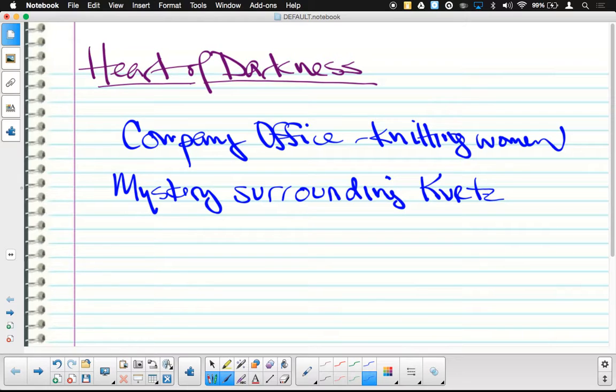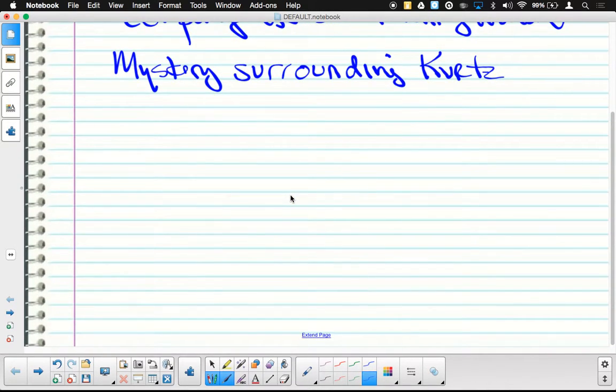What else? Anything else jump out? Confusing questions? Since I mentioned, and Shelby, I'm not ignoring your thing, because we are going to definitely get to the whole point with the knitting women. But since I mentioned the order of things, not counting Marlowe on the boat at the beginning on the Nellie when you got the unnamed narrator describing what's going on, what would be Marlowe's travel log through this whole journey?